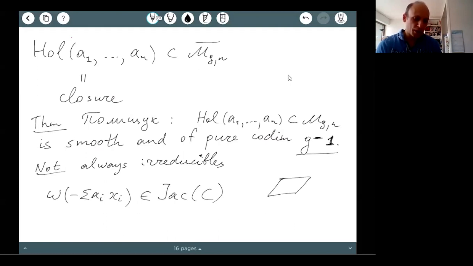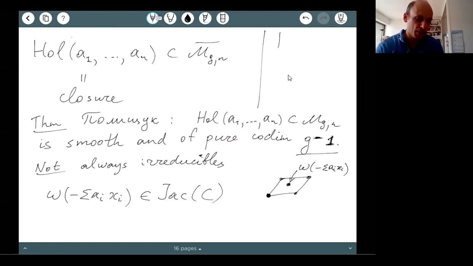The Jacobian of the curve is a complex torus of complex dimension g. And we have this point that corresponds to the trivial line bundle, and we require them to be the same. So in principle, when you have 2 points in a complex torus of dimension g and you require them to be the same, you expect that this is a condition of codimension g. But in this case, it is actually a condition of codimension g minus 1.